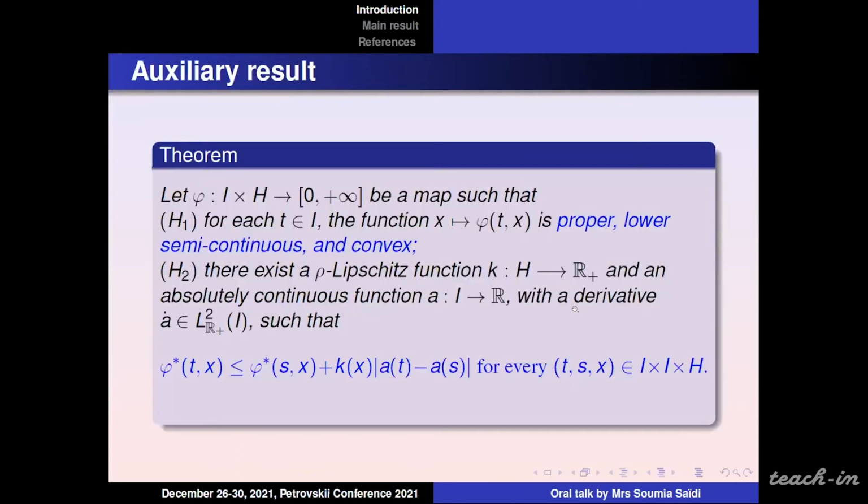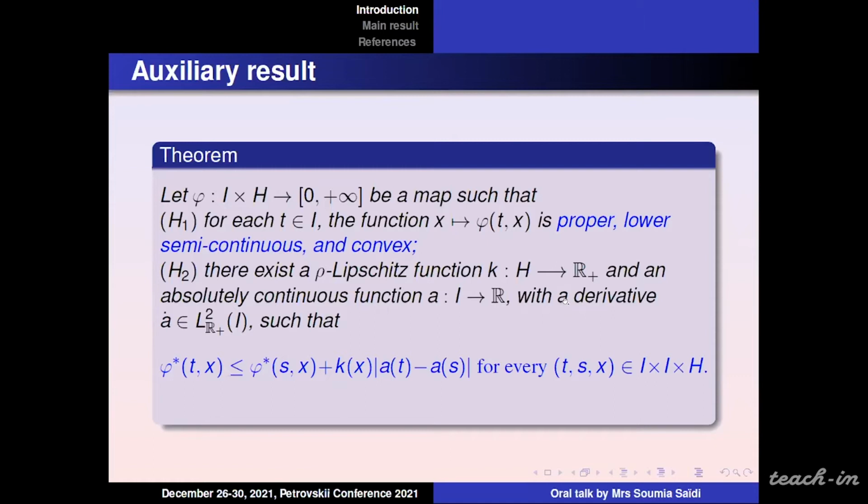We need to recall an existence and uniqueness result. Consider a time and state dependent function that is proper, lower semi-continuous and convex in the state, and such that there exist two functions. The first one is Lipschitz. The second one is absolutely continuous with derivative in L2.